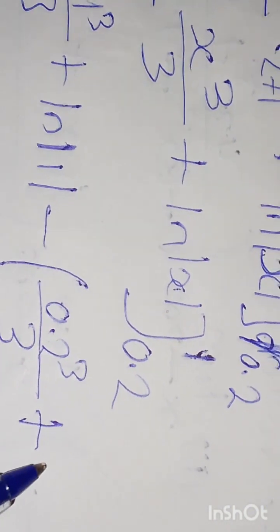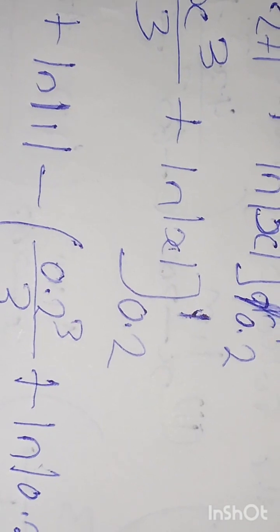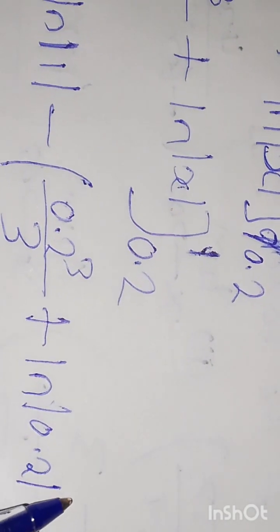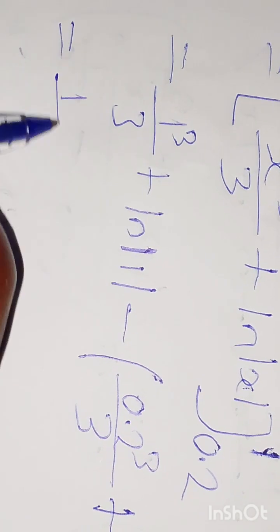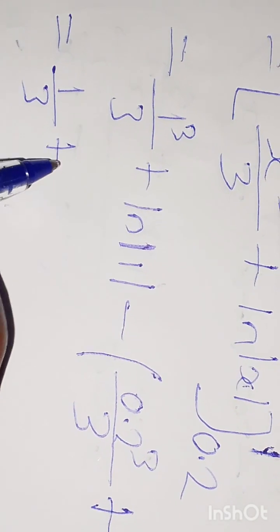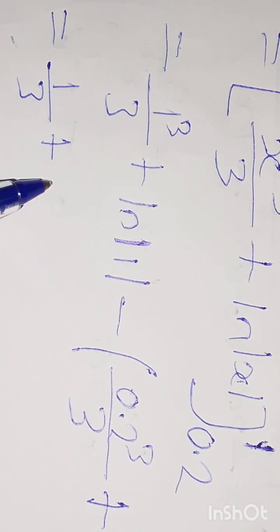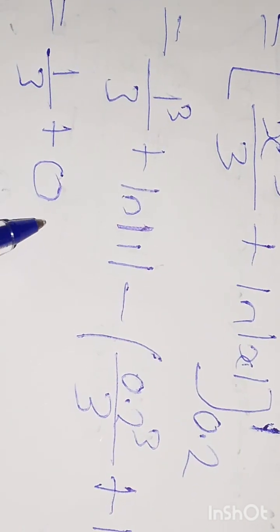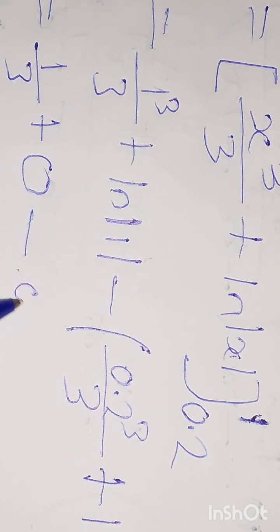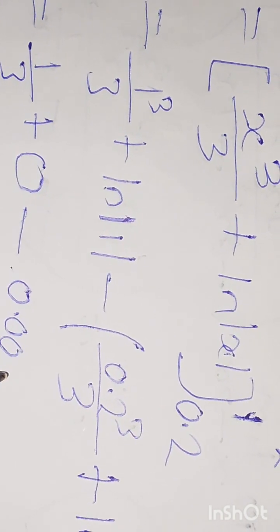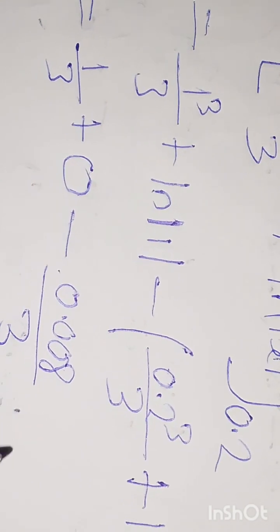Which is equal to 1 to the power 3, it's 1 over 3, plus natural logarithm of the modulus of 1, which is 0, minus 0.2 to the power 3, it's 0.008 over 3.